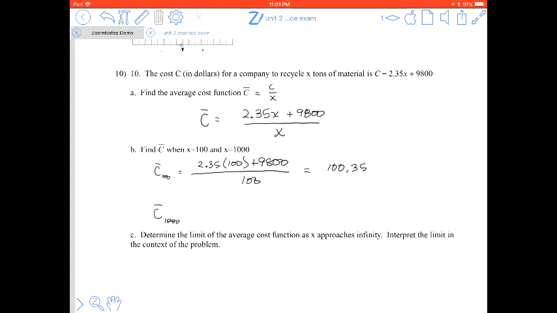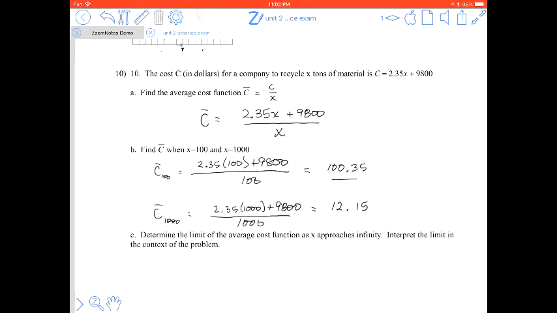The average cost for 1,000 tons, if we were to calculate that, so the idea here is to think about a trend. If we were to calculate the average cost for 1,000,000 tons and then for 1,000,000,000 tons and 1,000,000,000,000, it looks like the trend is the average cost is decreasing.